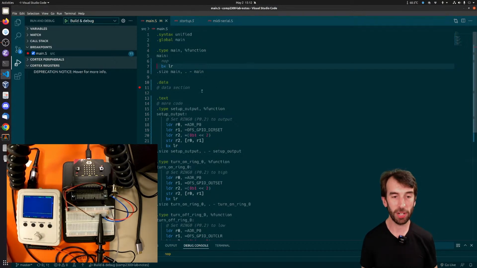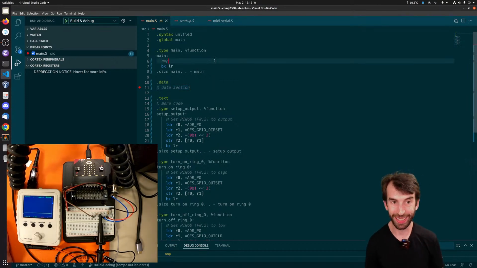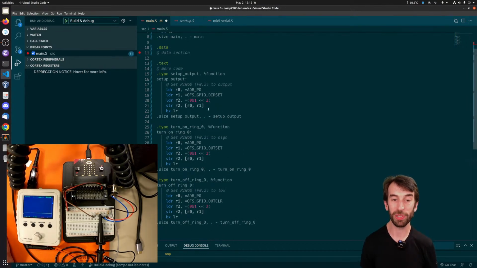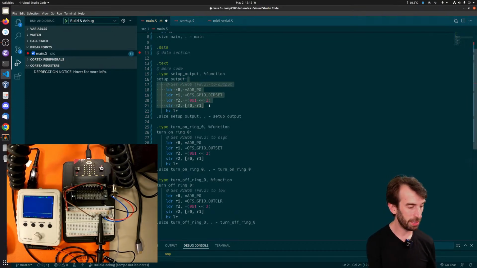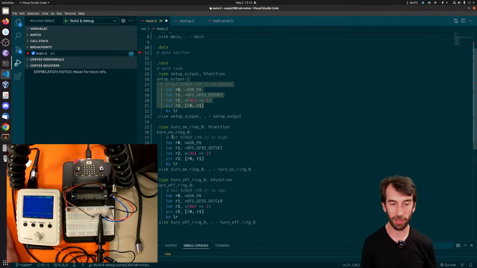So what am I going to do in my code? I've got a little bit of code already organized for myself, just because I wanted to get a good start. I've got my output direction setting for GPIO. You know how to do that. Set ring 0 to output. And then I've got two functions here.